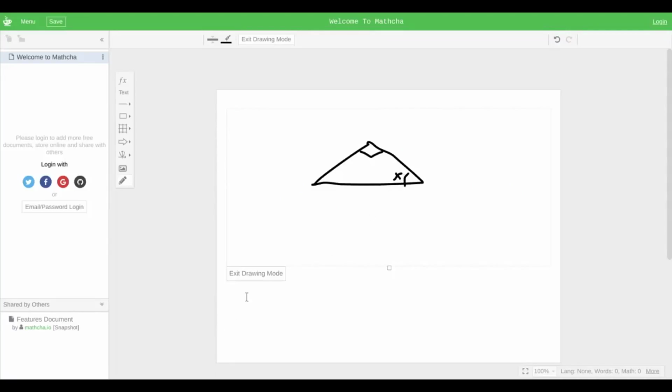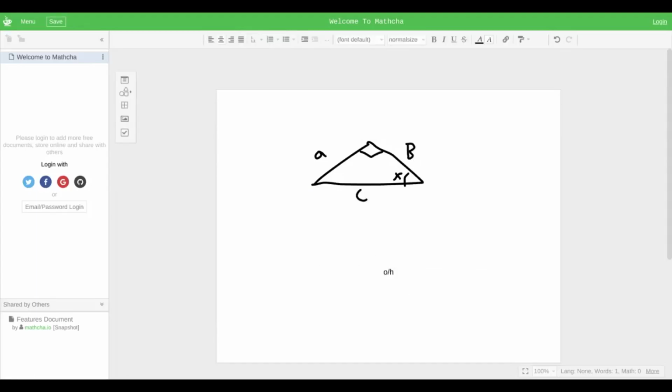According to SOHCAHTOA, sine means opposite over hypotenuse. So opposite, we'll call that this side A, over hypotenuse, which we'll call C. And we can call this side B, okay?